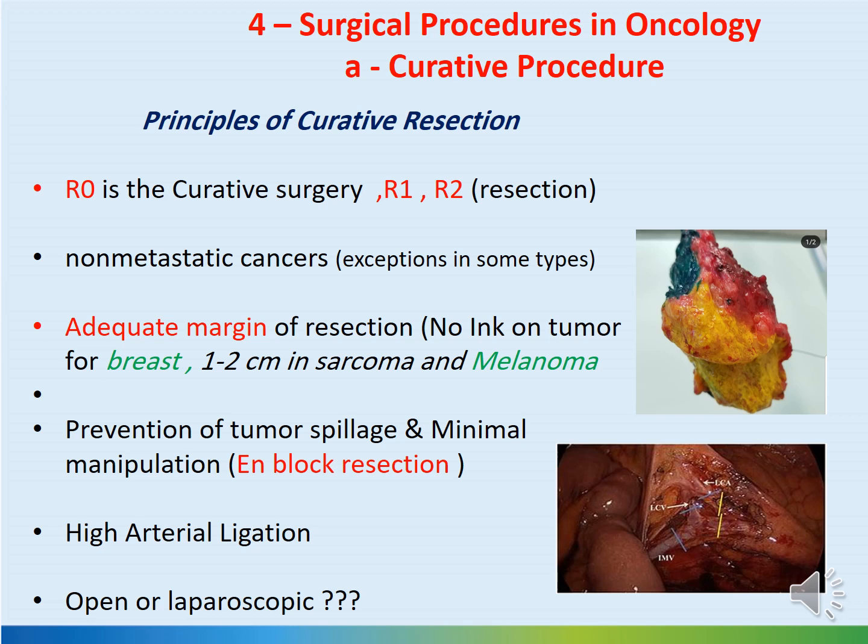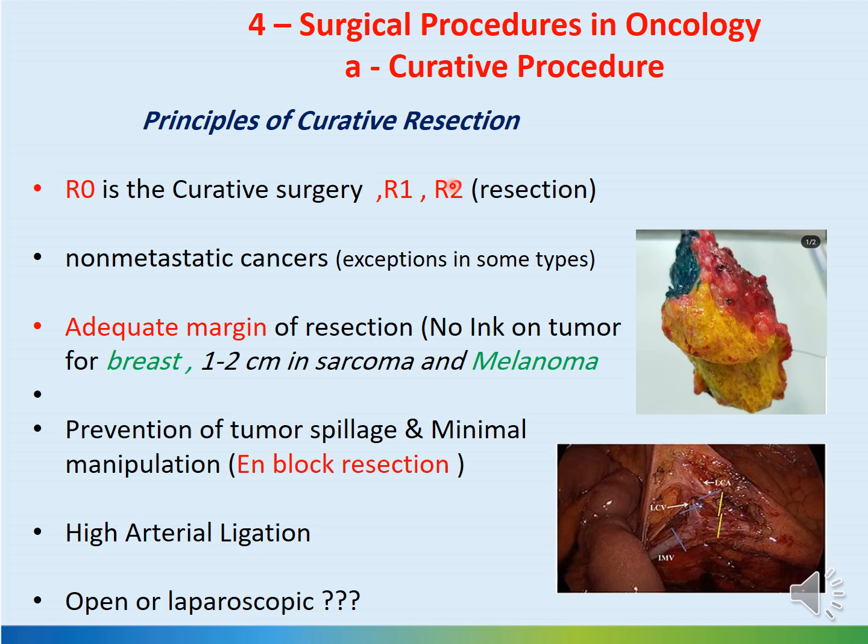When we are not sure that we removed all the cancer cells, or we kept some microscopic lesions, for example, the mass is adhered to the vessels, so we are not able to remove it with a negative margin around. So we are shaving the mass, and it's called R1. That means there is still microscopic residual in the area. While when we leave a big area, a macroscopic residual tumor, it is called R2 resection.